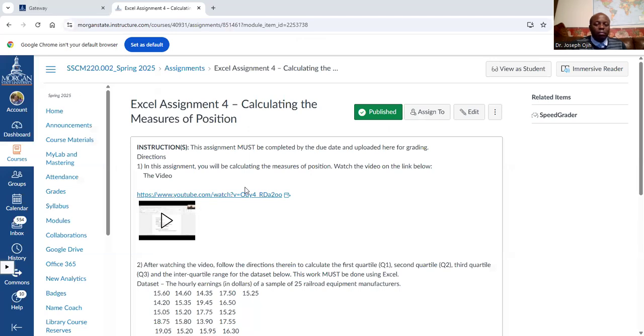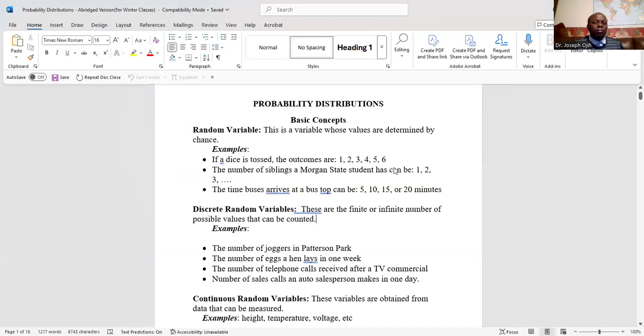You can count them, and you can say only one person is jogging. You cannot say 1.5 people are jogging, or that 2.5 people are jogging. I cannot say that either.